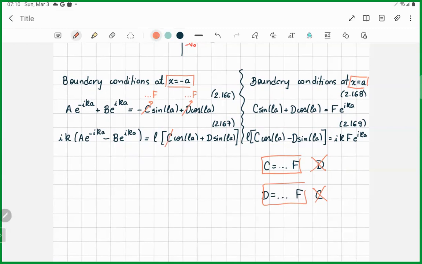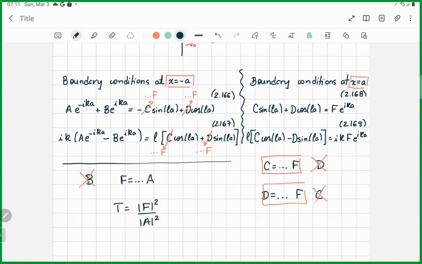Once we do that, we have two equations, A plus B equal to something times F, and A minus B equal to something times F. Then we manipulate these two equations to get rid of B. Finally, we'll have F in terms of A, and that's great, because then we can find our transmission coefficient.